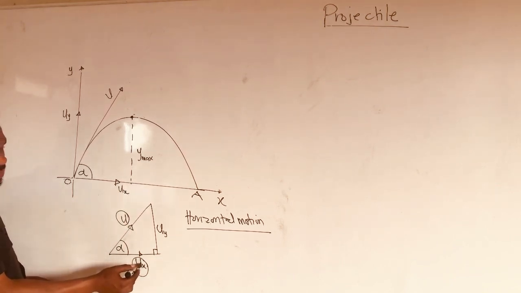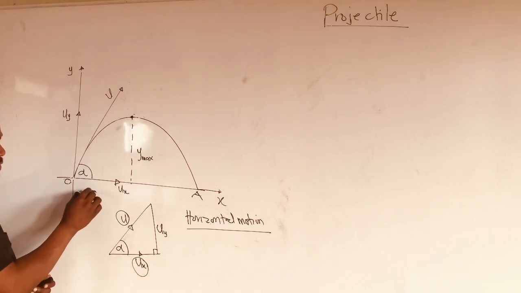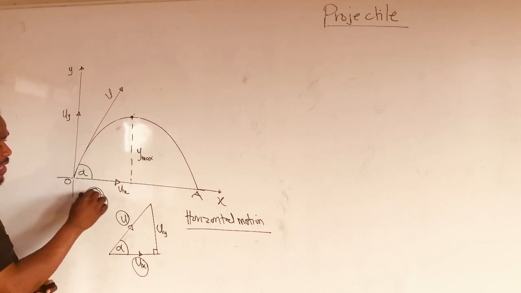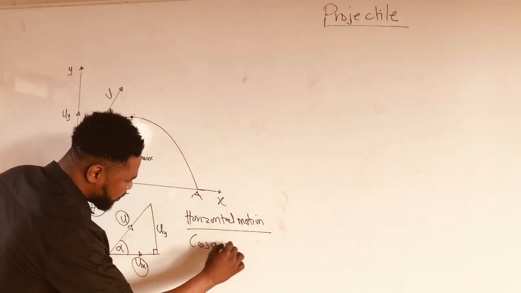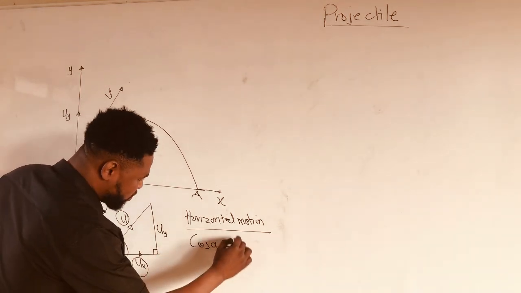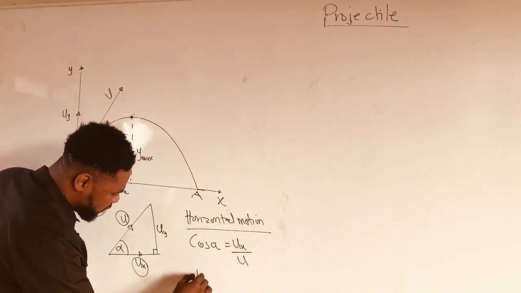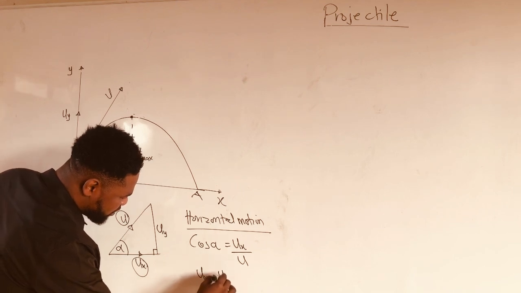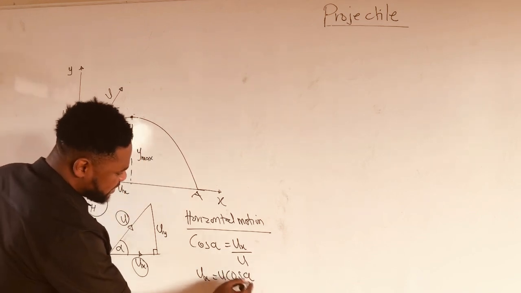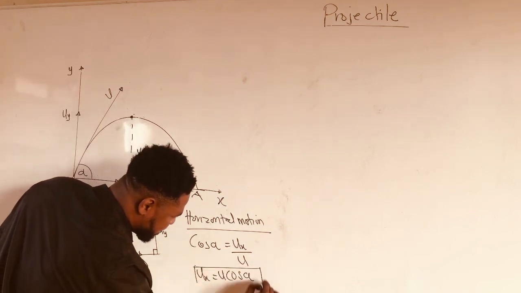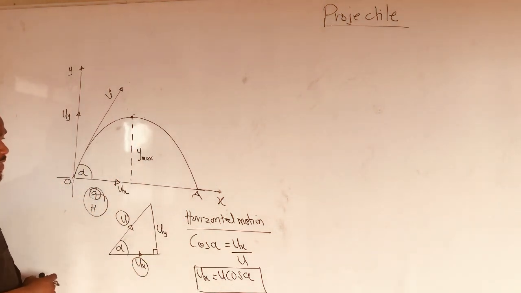And this is going to be adjacent to this angle, and this will be hypotenuse. So adjacent over hypotenuse, we are going to use our cos ratio. So we say cos alpha equal to adjacent, which is ux over u, all right. Therefore our ux will be u cos alpha. So this is the initial velocity, all right, of the horizontal motion of the particle.